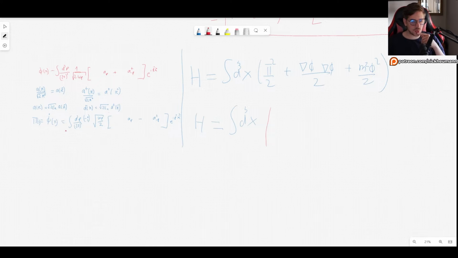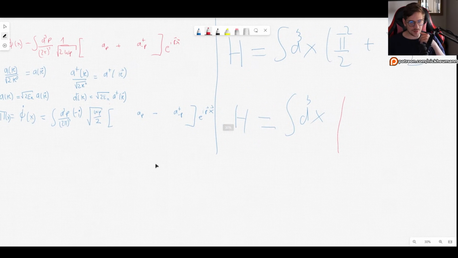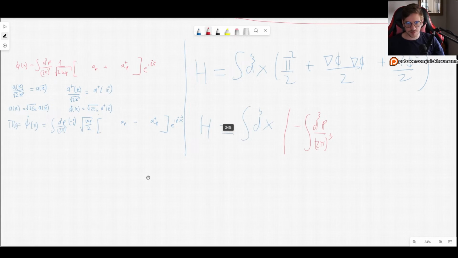So π squared, let's take a look at this. If we square this, we have a few things. The minus cancels out, but the i squared gives us another minus. So we get minus, and then we have the integral of d³p over 2π cubed, and then we have the square root of ω p over 2. Now we're not simplifying it just yet because the second part will have a different p.